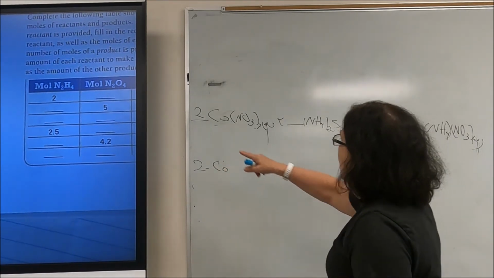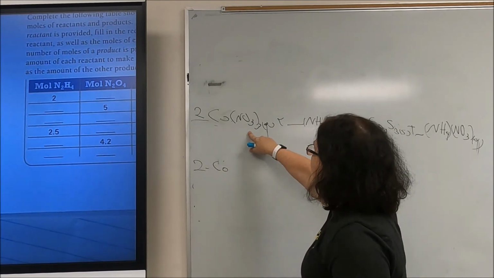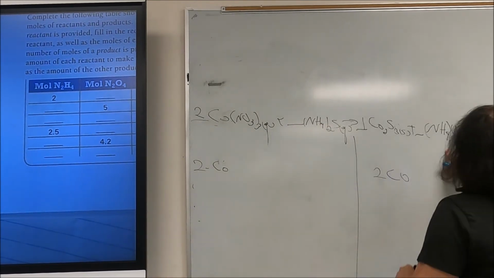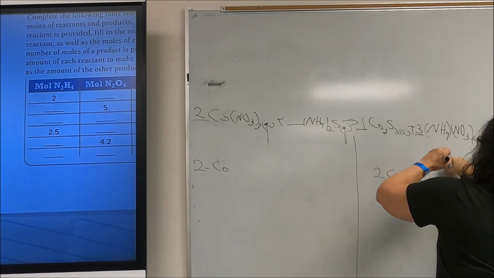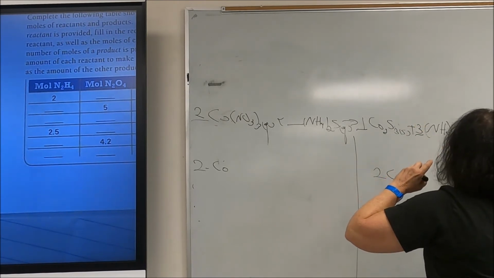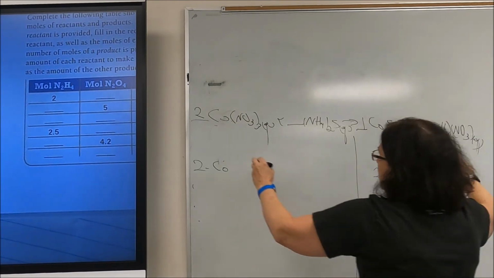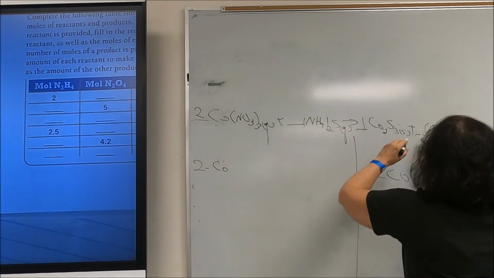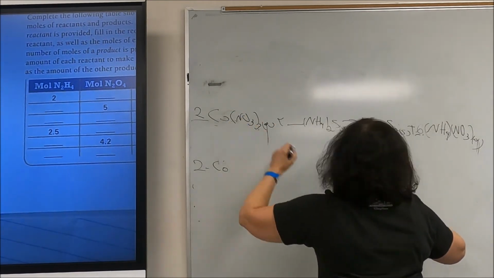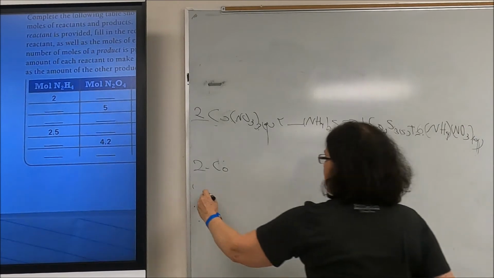Now by putting a 2 there, I've locked myself into 3 nitrate ions. There's 3 nitrates there. Well, excuse me, that should be 6. 2 times 3 is 6 of those. So 6 nitrates.